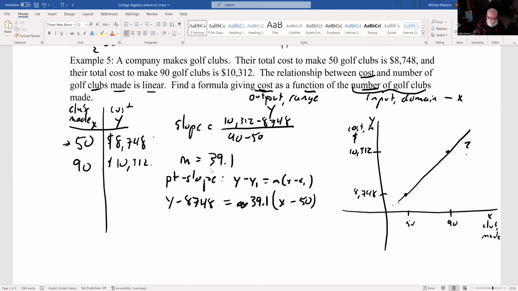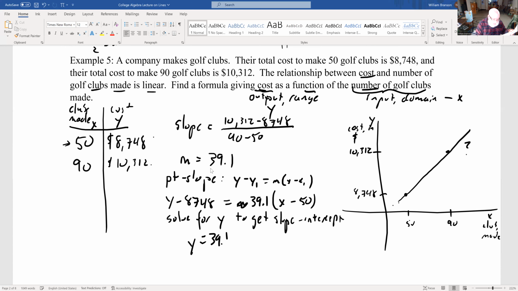If I take this and solve for y, that will give me my slope-intercept form. If I actually solve that for y, we get y equals 39.1x plus 6,793. And you solve this for y by distributing the 39.1 and then adding the 8,748 to both sides.